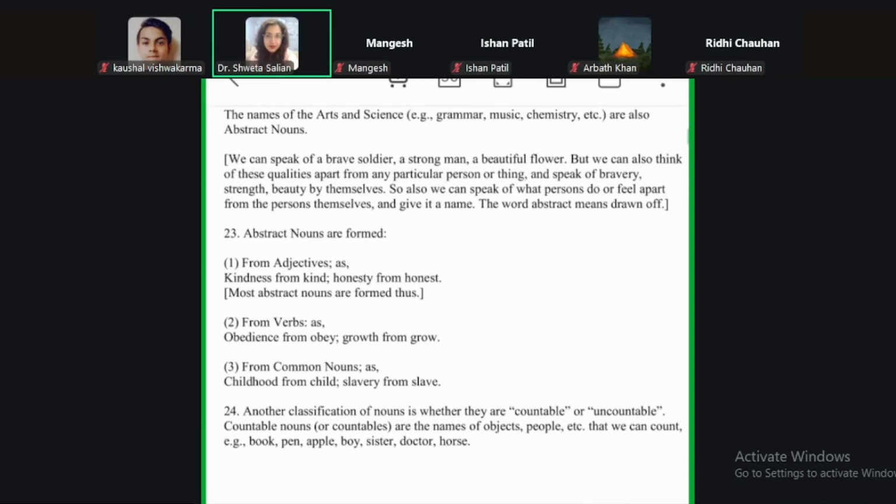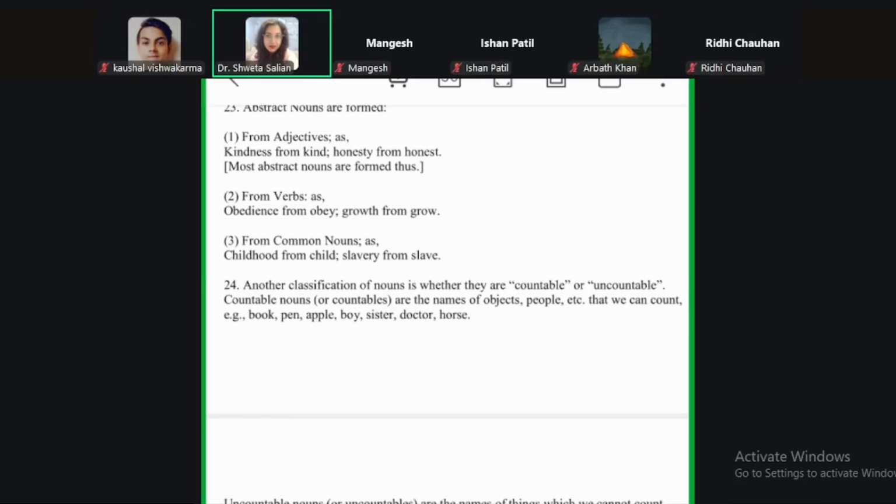Then another classification of nouns is into countable or uncountable. Countable nouns are those which you can count. For instance, a book, a pen, an apple, a boy, a sister, the doctor, the horse, etc. So a, an, and the, the three articles, are applied to nouns to let us know their position, whether you have a singular or plural, or a particular thing that you have in mind.